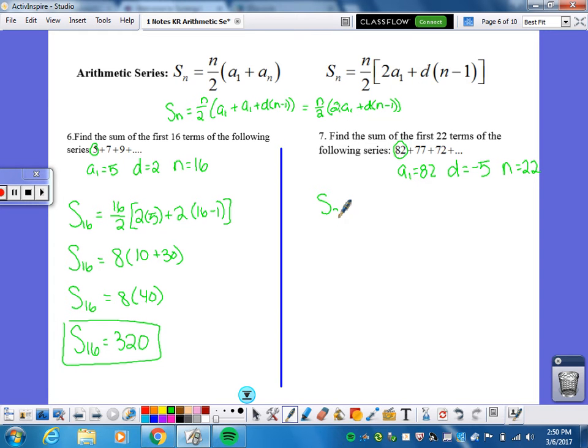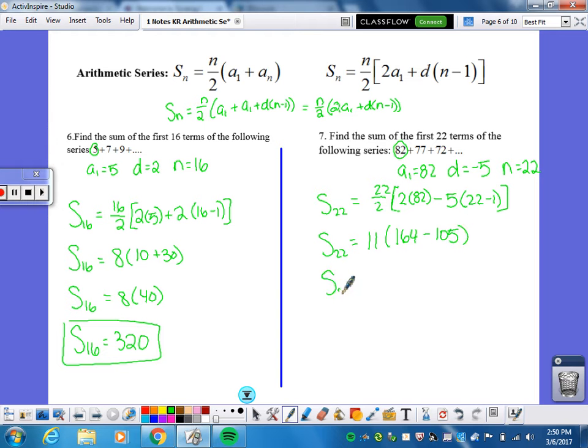And now we can substitute all of our values into the second equation once again. So S sub 22 is equal to 22 over 2 times 2 times 82 minus 5 times 22 minus 1. Let's do a little math. 11 times 82 times 2 is going to be 164. 21 times 5 is going to be 105.